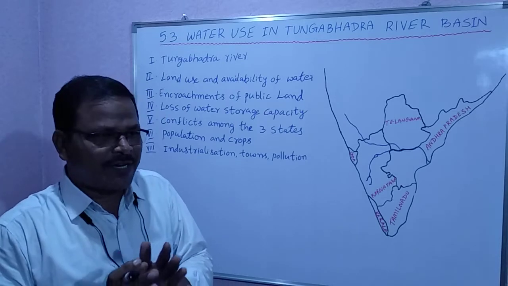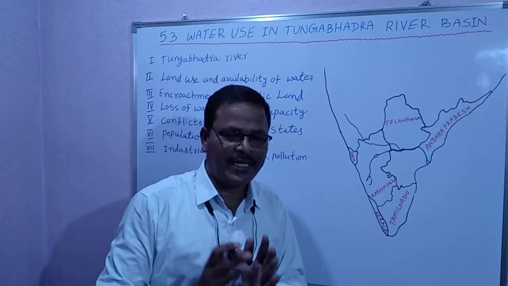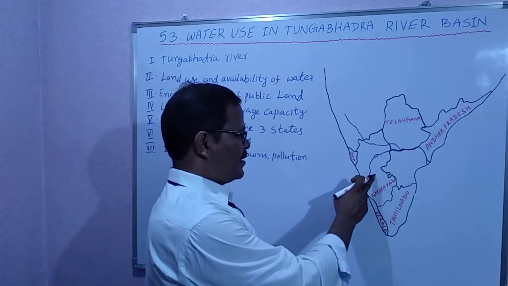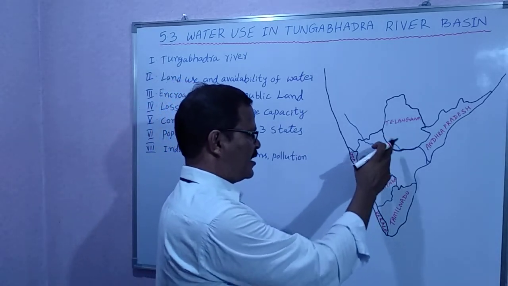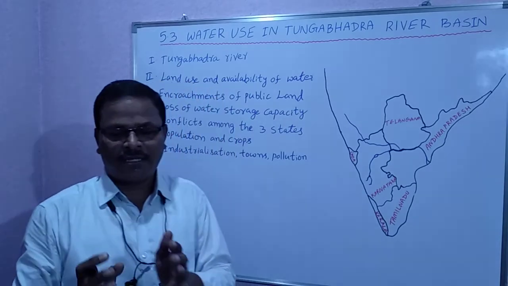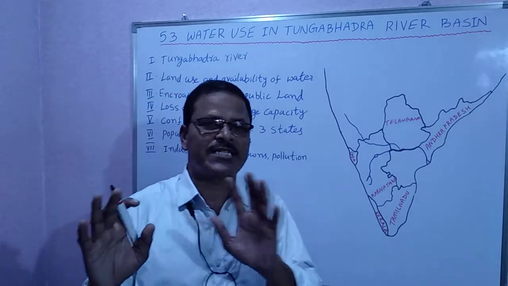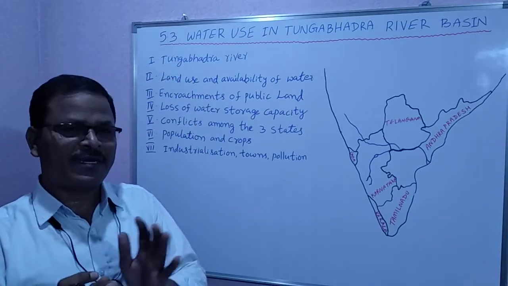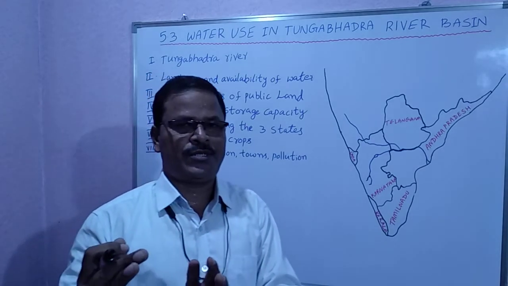The catchment area of Tungabhadra is in three states. This is Karnataka, this is Telangana, this is Andhra Pradesh. We can divide the catchment area of Tungabhadra into three parts.